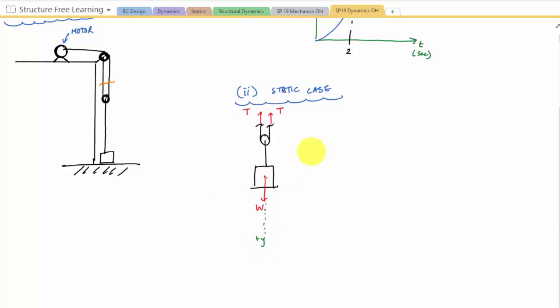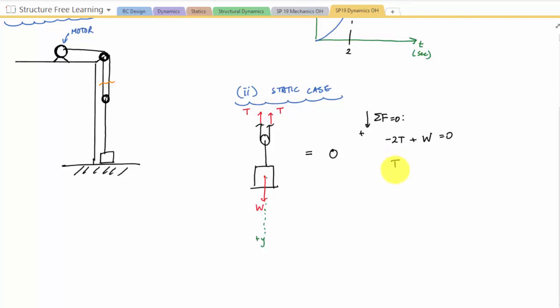Because it's a static case, everything equals 0, so by equilibrium I'm going to apply my equilibrium equation. The sum of the forces in the vertical, positive downwards: negative 2T plus the weight equals 0.